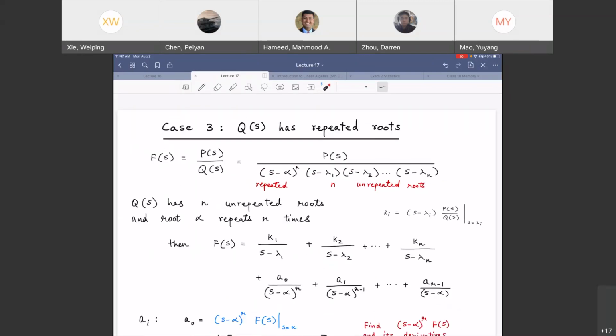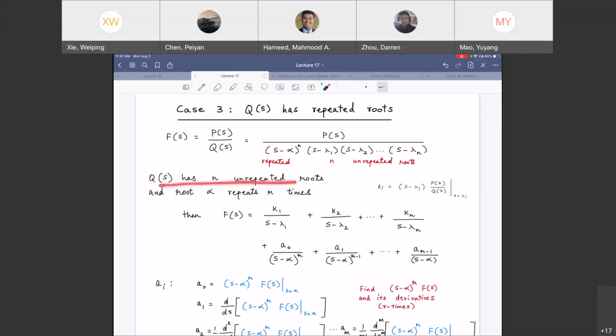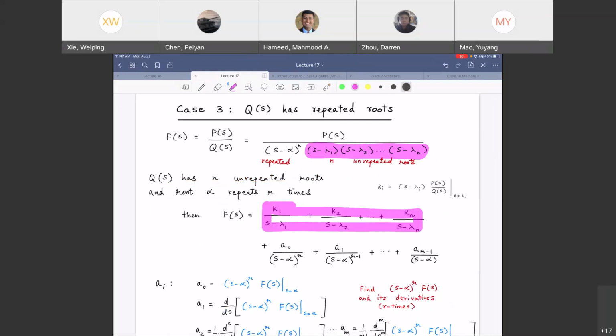How do you deal with this? Well, if you have N unrepeated roots and alpha repeats R times, so you have R repeated roots. For the unrepeated roots, you are already okay. That is exactly the same as before, right? All of them go separate ways.